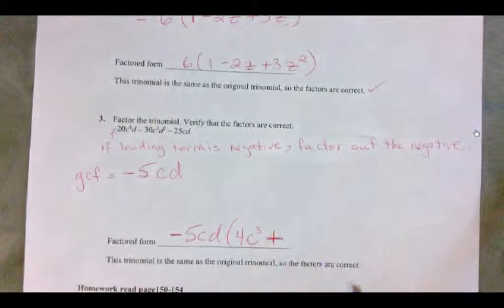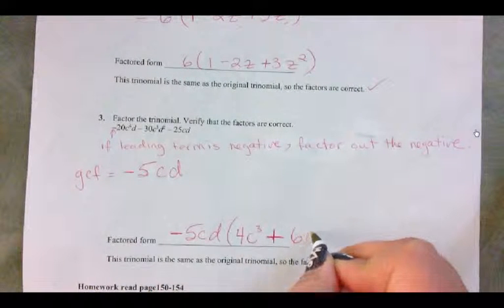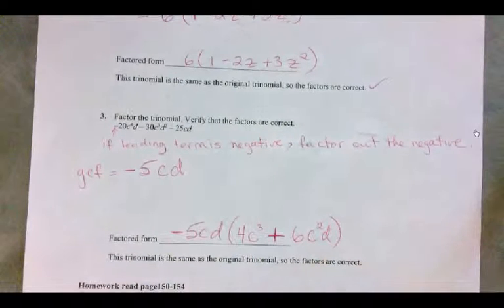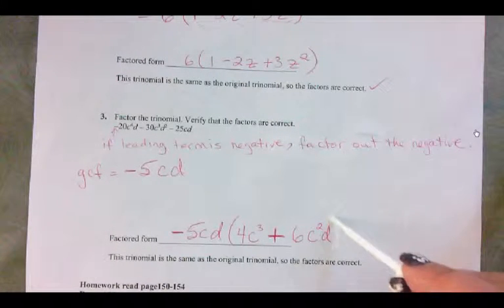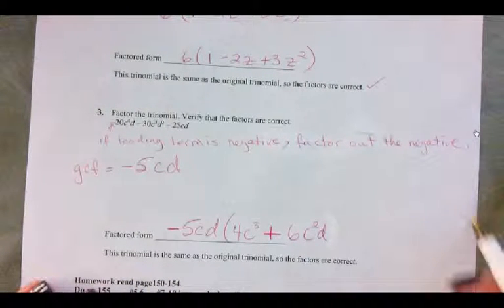Okay, we want to make sure we have that positive. 6C squared D. So how are we dealing with the exponents on the variables? What are we doing to them? Yeah, we're subtracting 1 off because of that shortcut that we learned about with exponent rules, right?